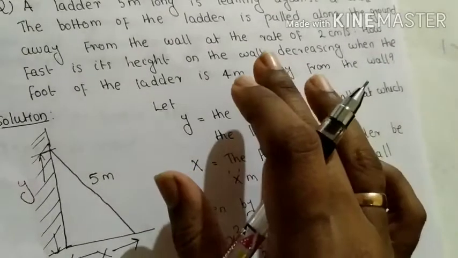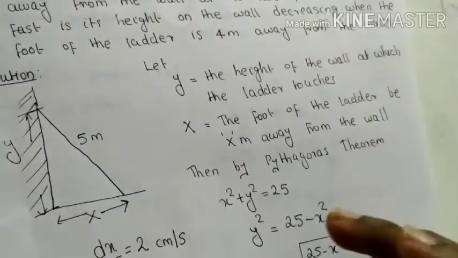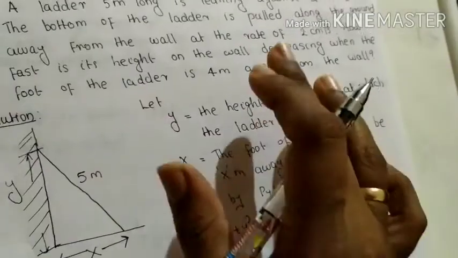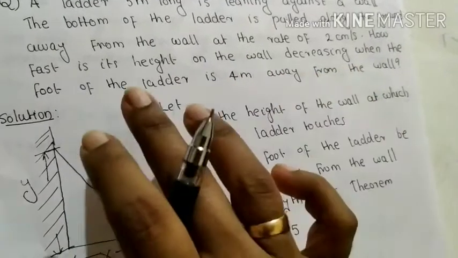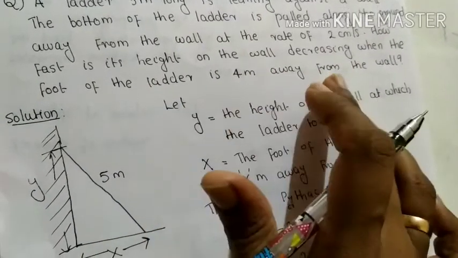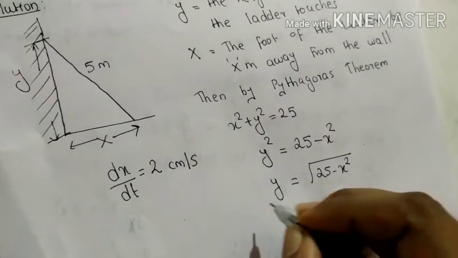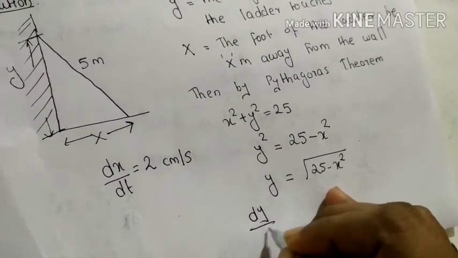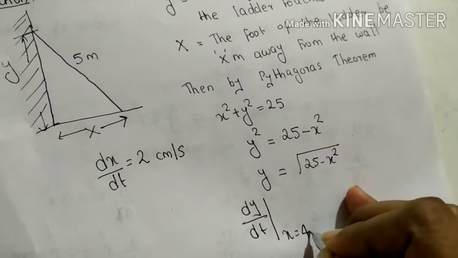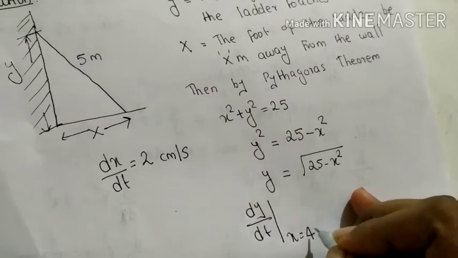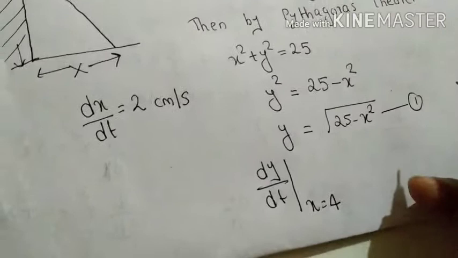So our question is, we need to find dy by dt, that is the height on the wall decreasing when the foot of the ladder is 4 meters away from the wall. That means we need to find dy by dt at x equal to 4. Okay. So let us name it as equation number 1.